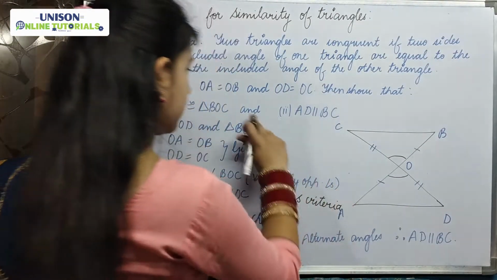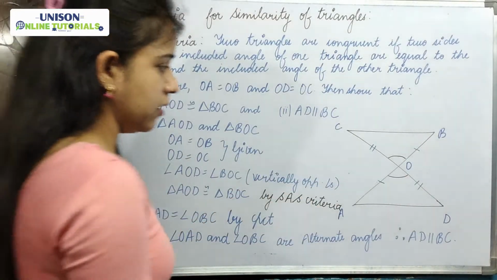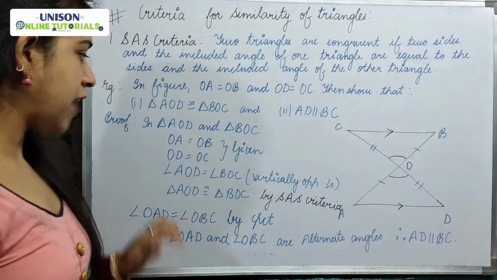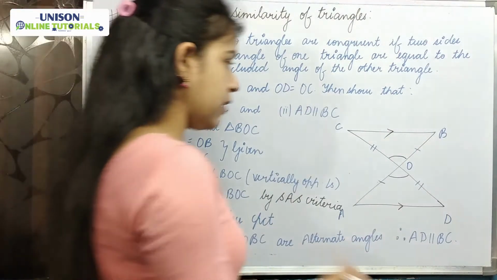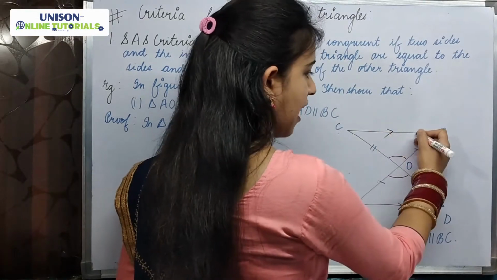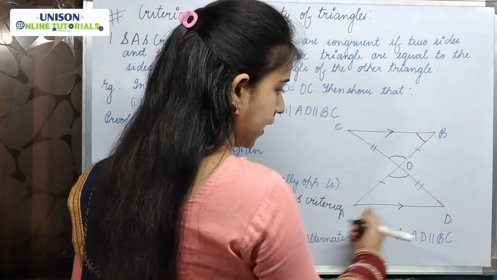So first part done. Second one, you have to prove that AD is parallel to BC. This line AD is parallel to BC. If two triangles are congruent, then their corresponding parts will be equal. So here you can write angle OBC equals angle OAD.